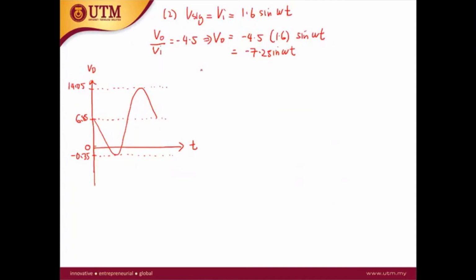So VD should be from 0 volt until 13.6 volt. What will happen is, in the actual graph, there will be a clipping.